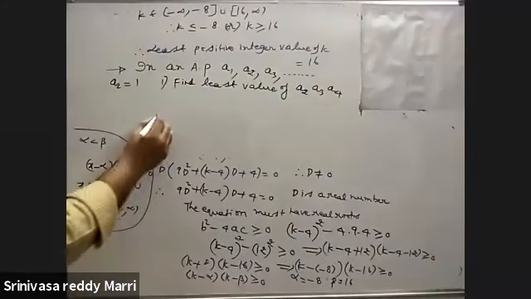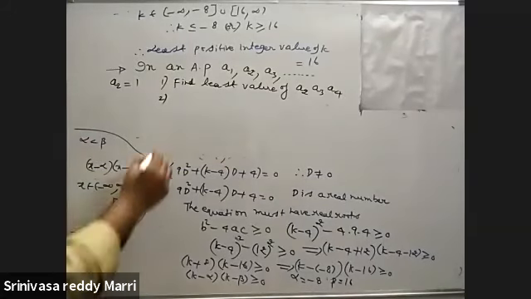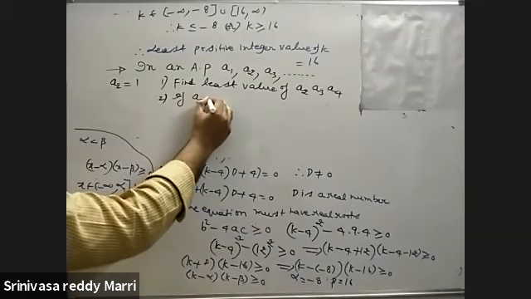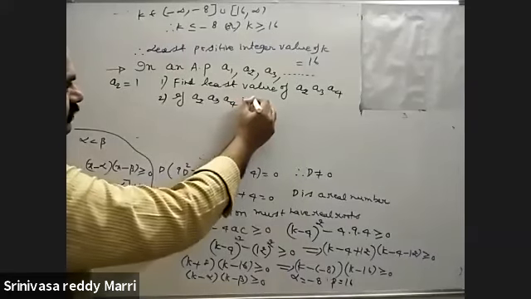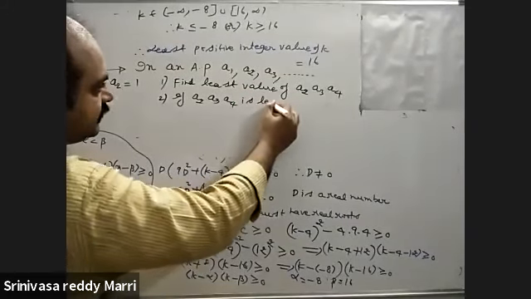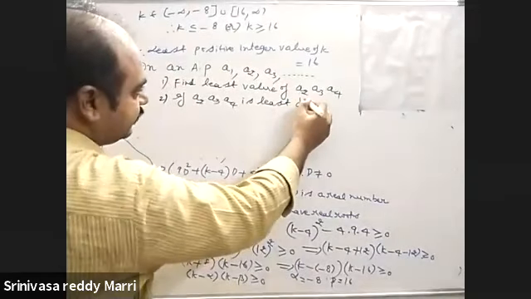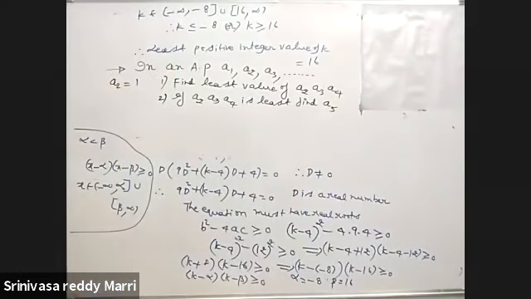The second question is: find A5. Look at the question.